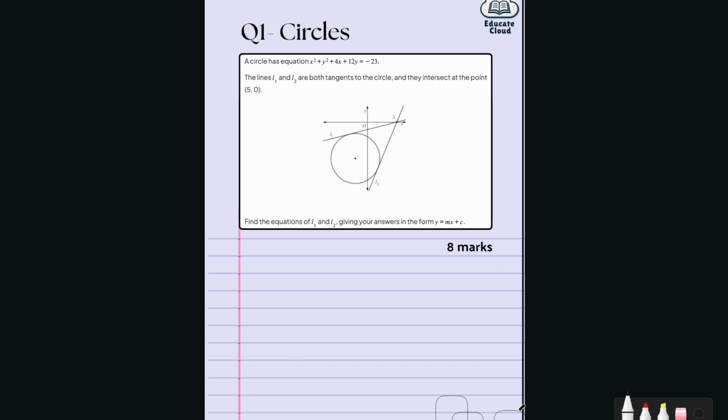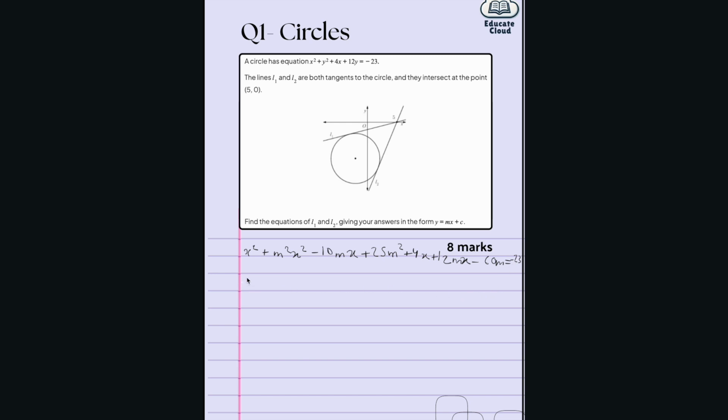When we expand and simplify that, what you should have got is x squared plus m squared x squared minus 10m squared x plus 25m squared plus 4x plus 12mx minus 60m, and that is still equal to minus 23.